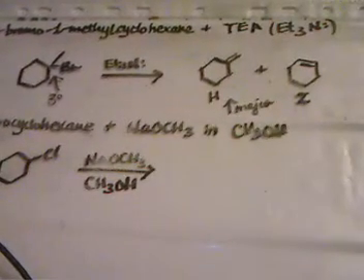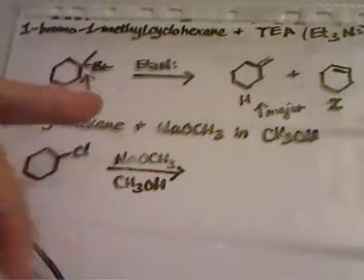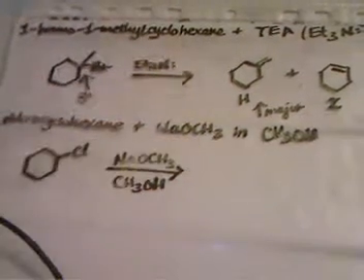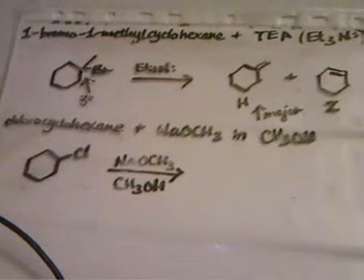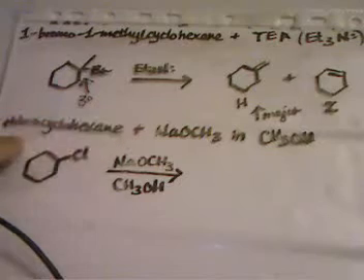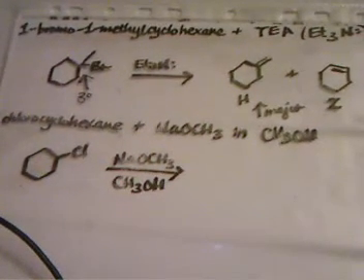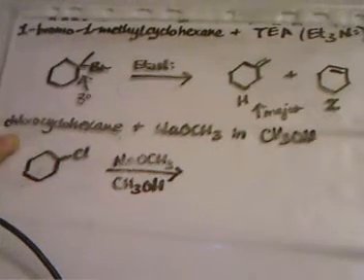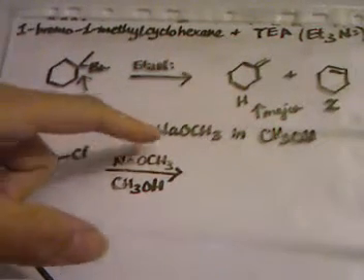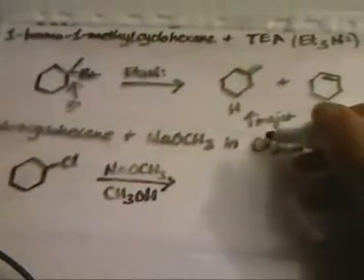In C, we're asked to predict whether substitution, elimination, or both can happen for chlorocyclohexane in NaOCH3. Sorry, chlorocyclohexane, predict the products and determine if substitution, elimination, or both will occur for chlorocyclohexane plus NaOCH3 in methanol.